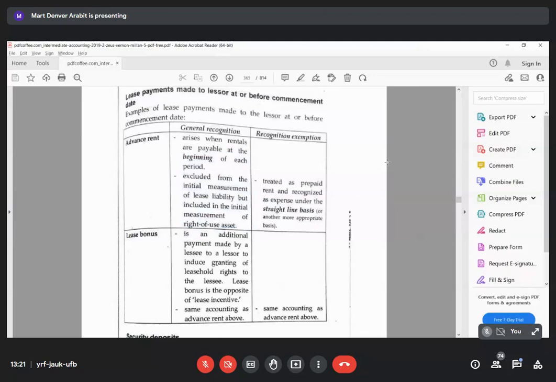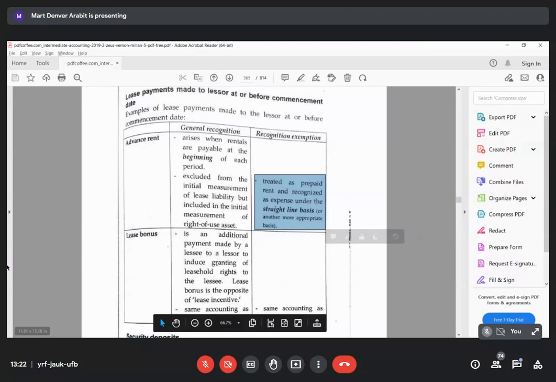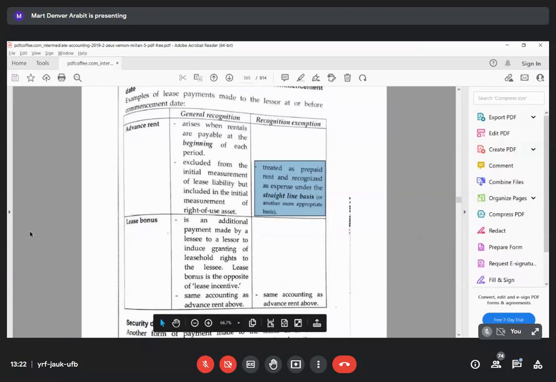And recognition exemption, it could be treated as prepaid rent and recognized as expense under the straight line basis on a case-to-case basis, which is not the case for previous examples. Okay, so lease bonus is an additional payment made by a lessee to a lessor to induce granting of leasehold rights to the lessee.